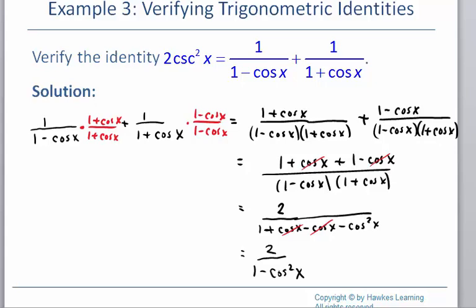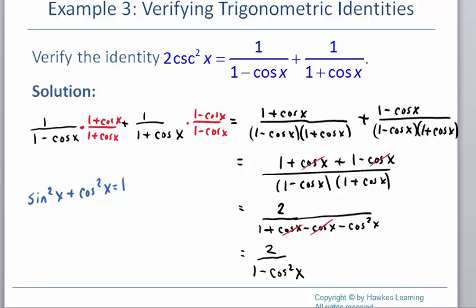Now, there's a technique that we'll see playing out repeatedly in problems with a denominator like 1 minus cosine squared. We're going to take the Pythagorean identity, sine squared plus cosine squared is equal to 1, and manipulate it so that we have 1 minus cosine squared on one side.